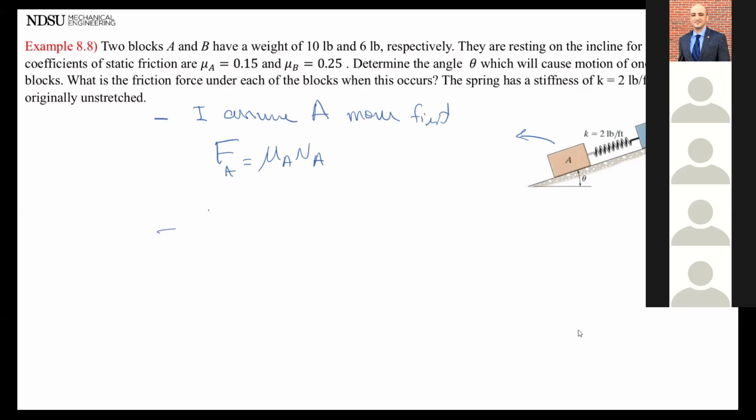Then I assume B is going to move first, and then I have F_B equals mu_B N_B, okay? So that's why I say that's only valid for impending motion. And when you have problems with 2 or 3 moving or slipping points, it's important that it's only impending motion for that point and not anywhere else, okay? So I hope I answered the question.